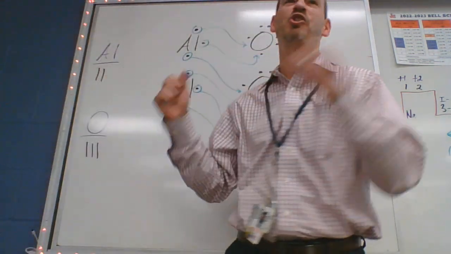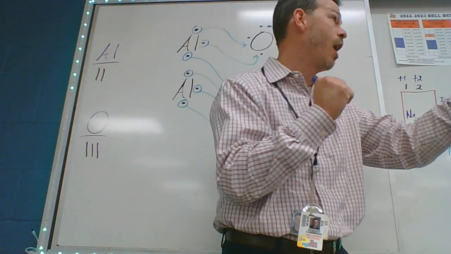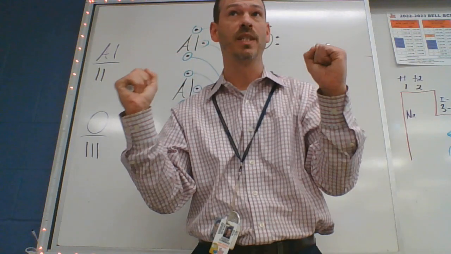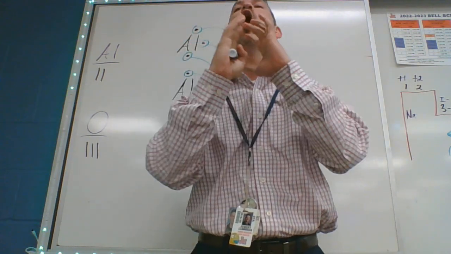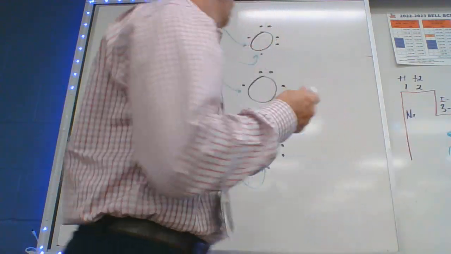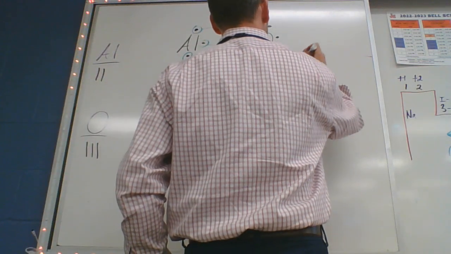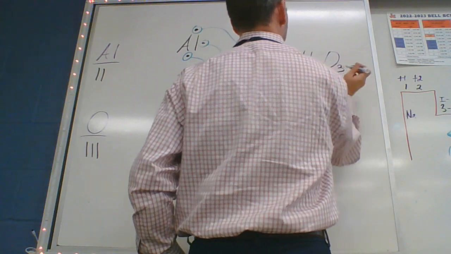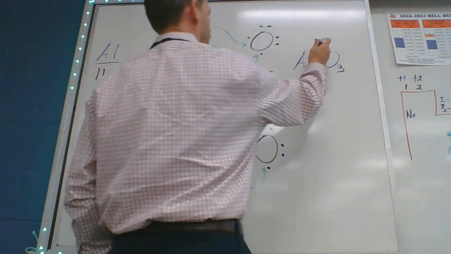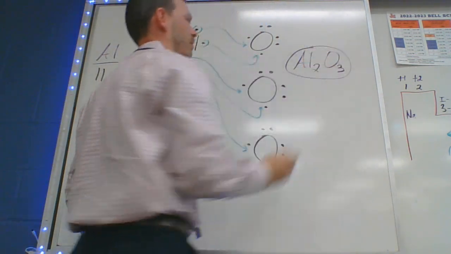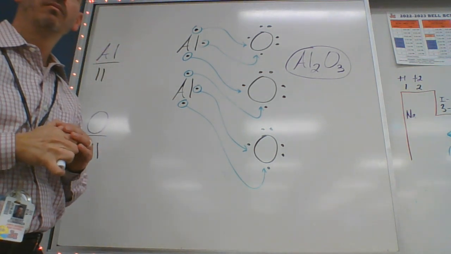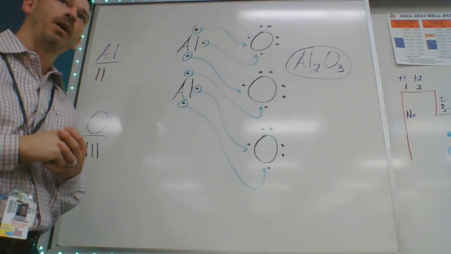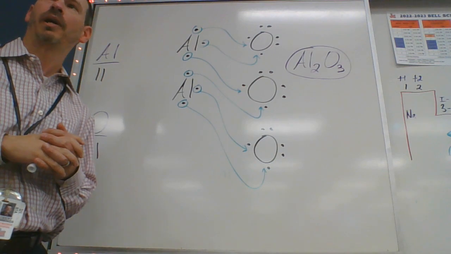If aluminum and oxygen are going to form an ionic compound, ionic because one of them is metal and the other one's non-metal, the only way they can do it is if you have 2 aluminums and 3 oxygens. This is the only way that they bond together, Al2O3.